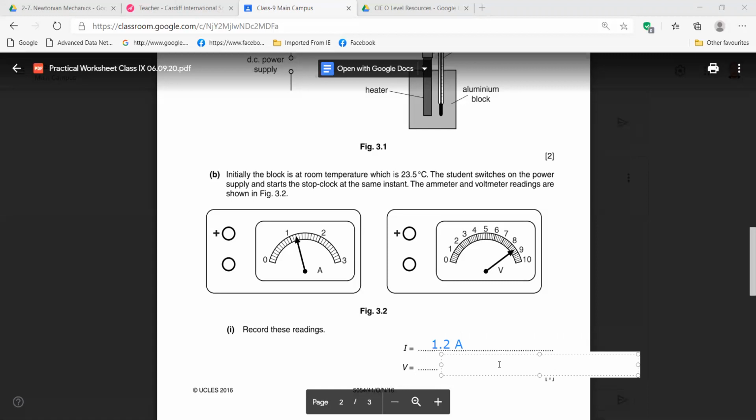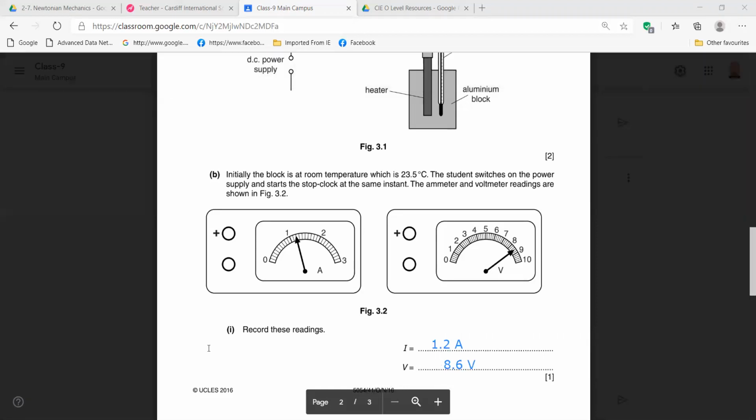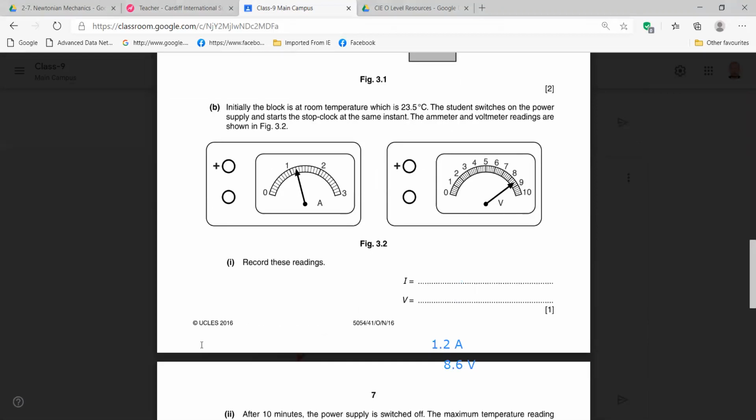Sir, for the voltage, it is coming 8.6. Yes, very good. So we are getting here 8.6 volts. Done. So this part is done. Now we are going to the next part.